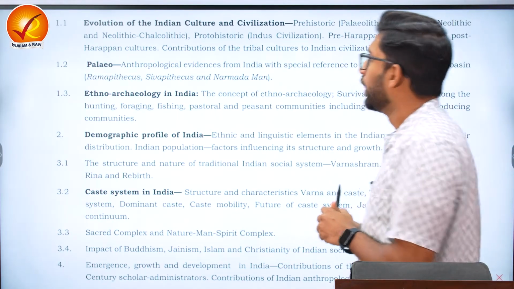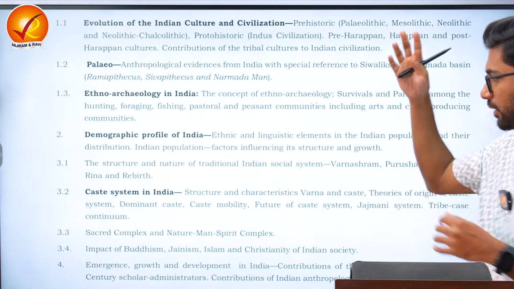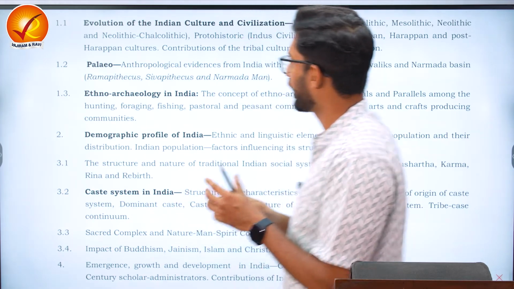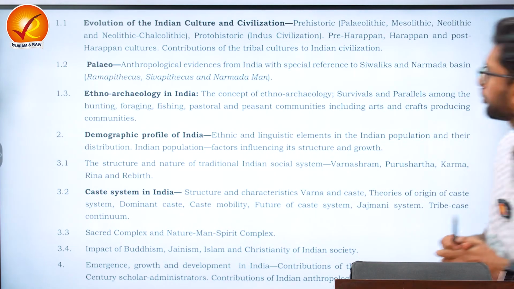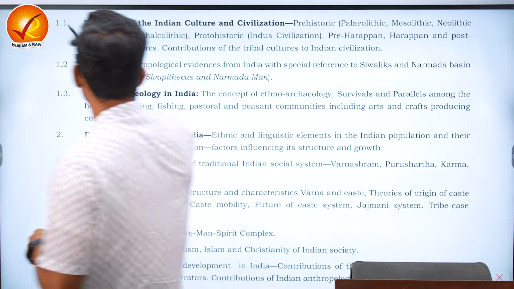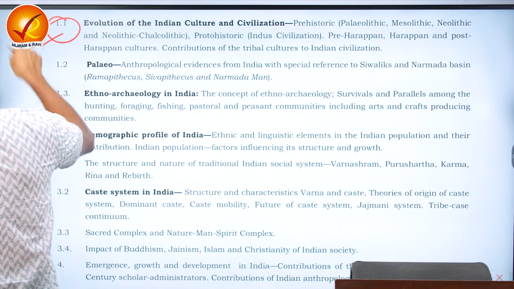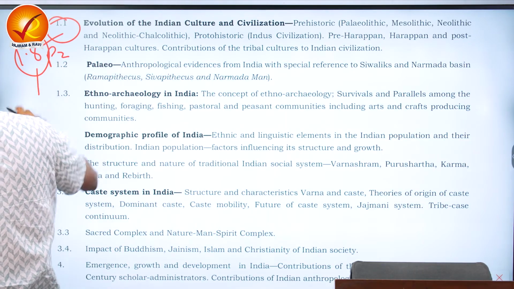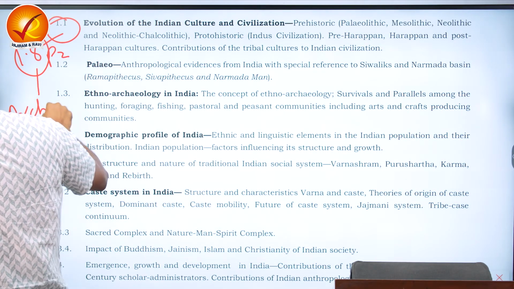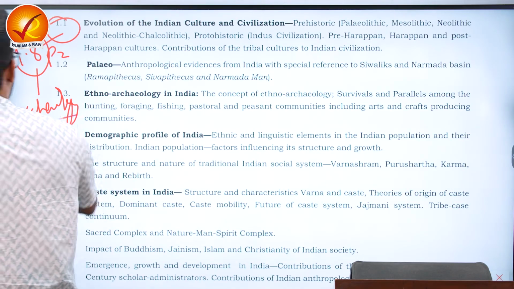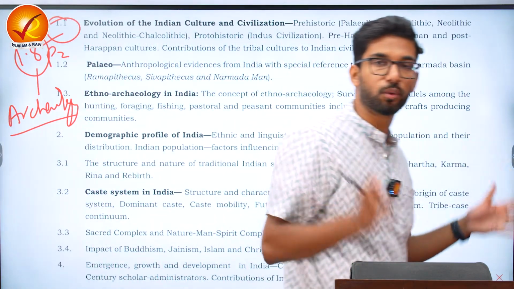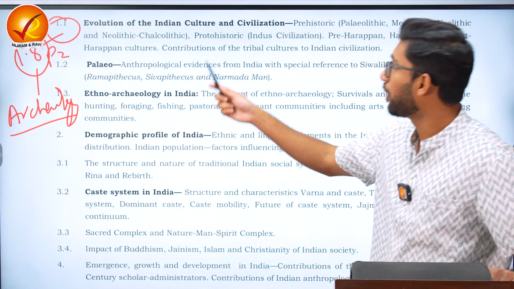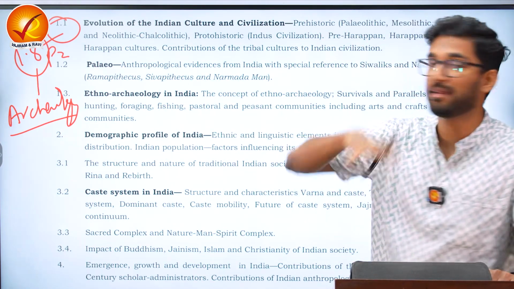Now we'll go through each of these sub-points again, and I'll briefly explain what they are. 1.1 is connected to the earlier 1.8. 1.8 of paper 1 was archaeology of the world. But 1.1 of paper 2 talks about archaeology in the Indian context.